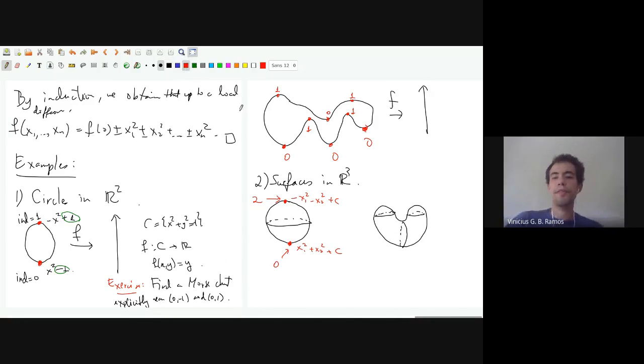If you look at the height function again, this is a Morse function, and it has 4 critical points. You can check, this local minimum always has index 0. A local maximum always has index 2. And here we have a saddle, so this is going to be index 1. Near here, the function looks like minus x1 squared plus x2 squared plus c.